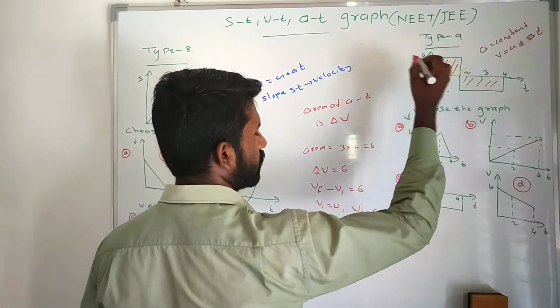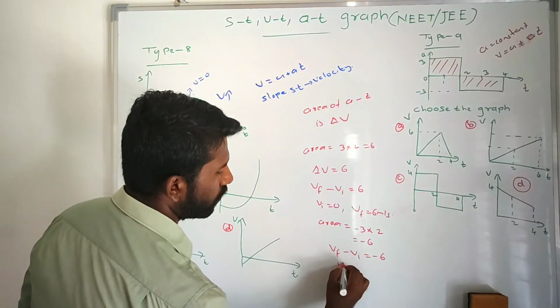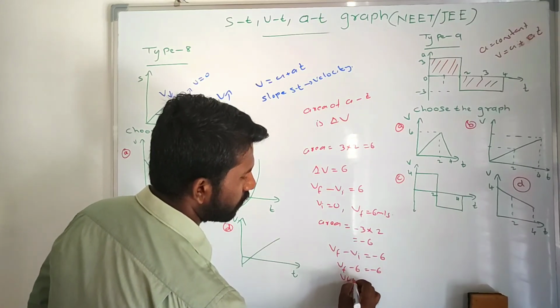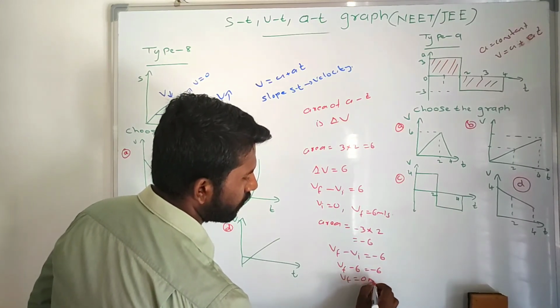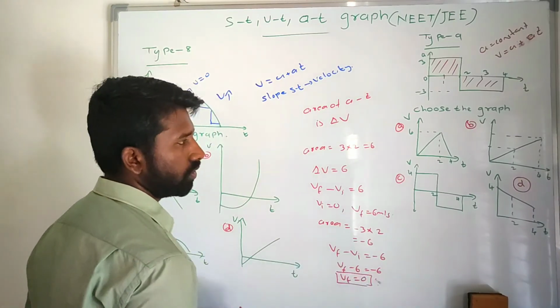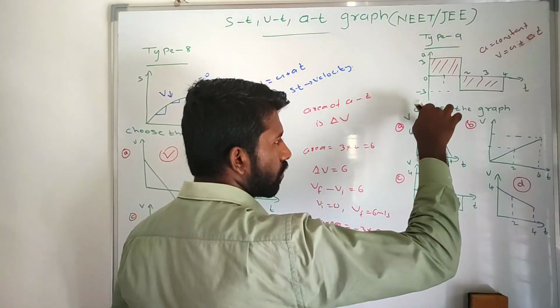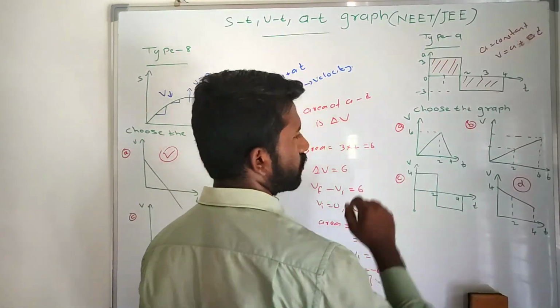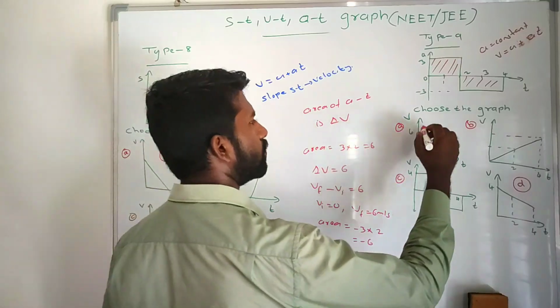Here the initial velocity is 6 itself. So Vf minus 6 is equal to minus 6. So Vf is equal to 0 meter per second. Okay, so Vf final velocity is to be 0. So in this graph you see that constant retardation and the velocity is to be decreases and it reaches to 0. So this is the best graph.